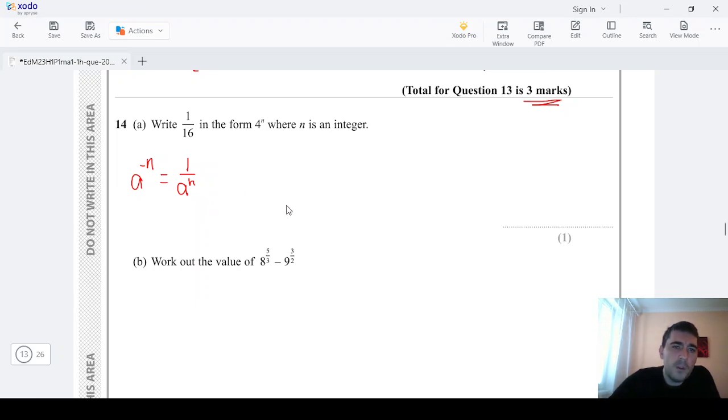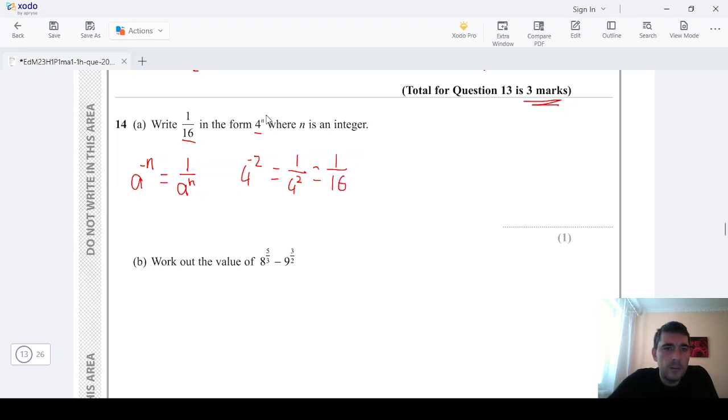Okay, so check for the relationship between 4 and 16. We know that 4 squared is 16. Now we only need to do the minus, because we need to move that into the denominator. So 4 to the power of negative 2 will be the same as 1 over 4 squared, which will be equal to 1 over 16.